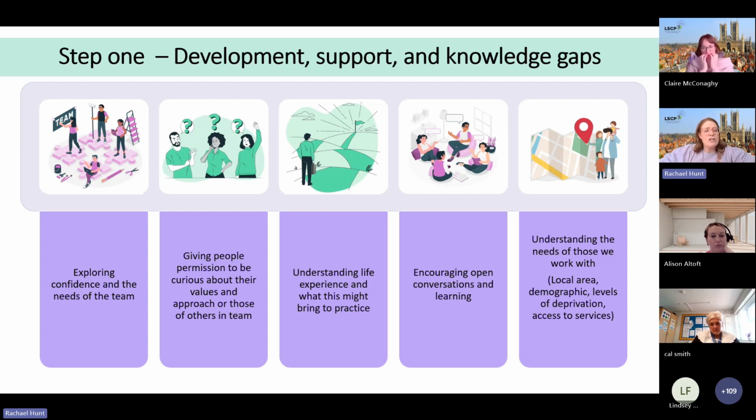So it's about how we encourage the staff that we're working with to feel curious about their own values and approach. One of the things we have found when working around child neglect and developing our resources is that it's really difficult compared to other types of abuse. Where you've got physical abuse, it's quite obvious what that is. Child neglect can be really small incidents that accumulate over time.